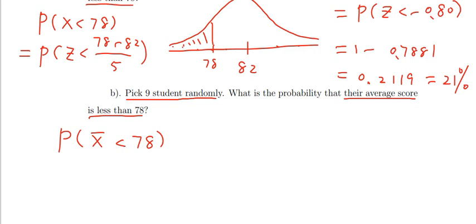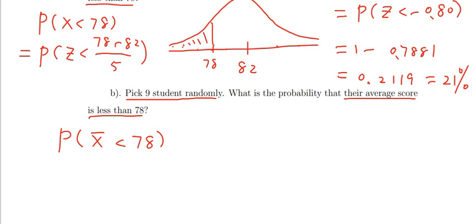We can understand it as picking a group: on average, these 9 students are not so good. So what is such a probability?